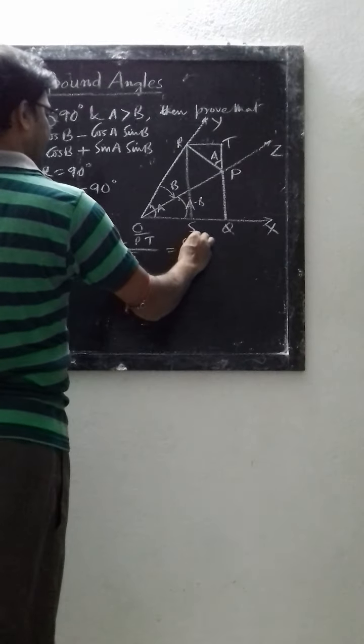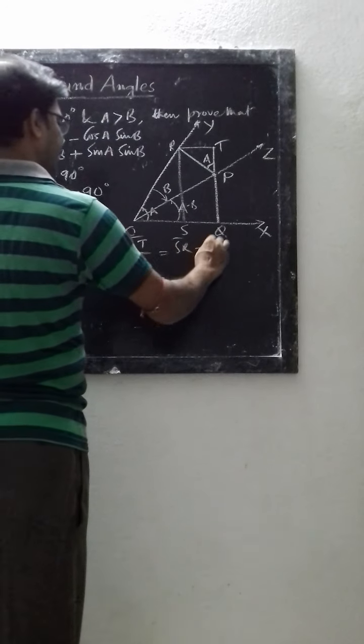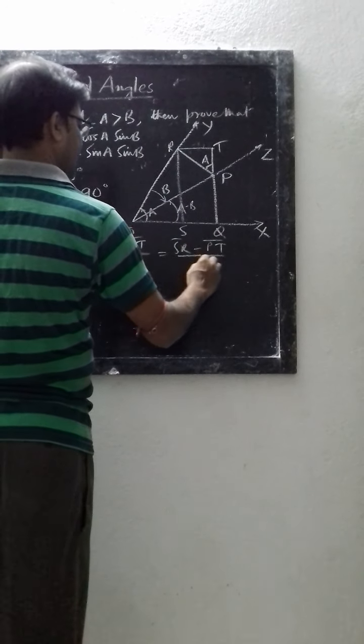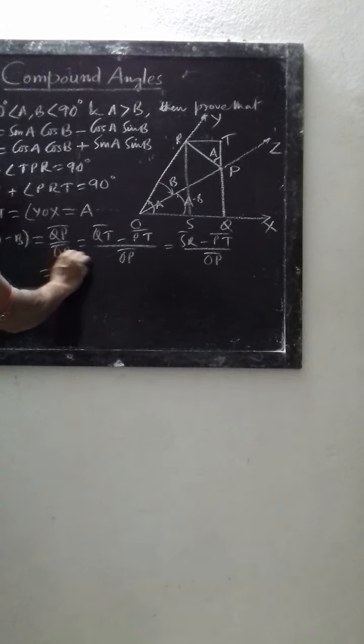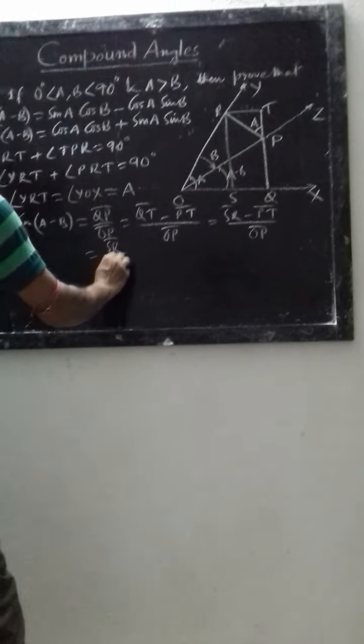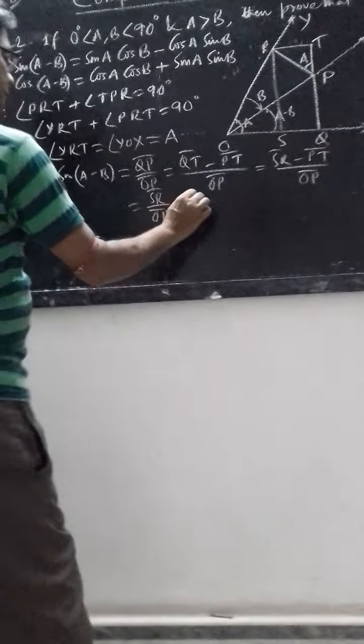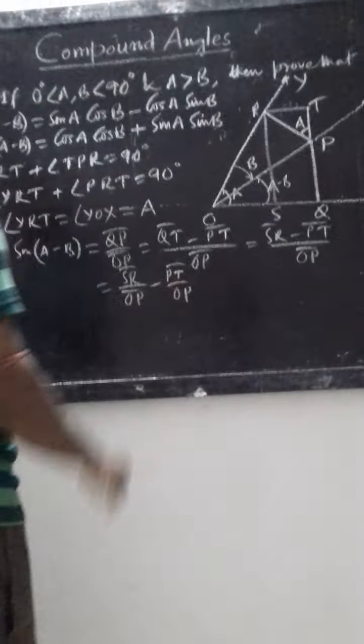QT is equal to SR, minus PT by OP. And this is equal to SR by OP minus PT by OP.